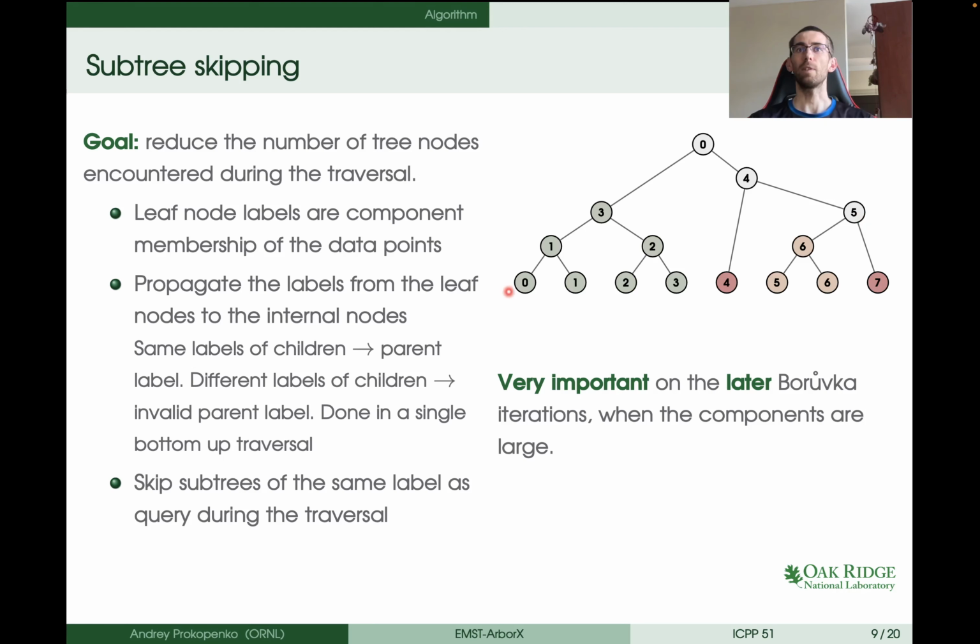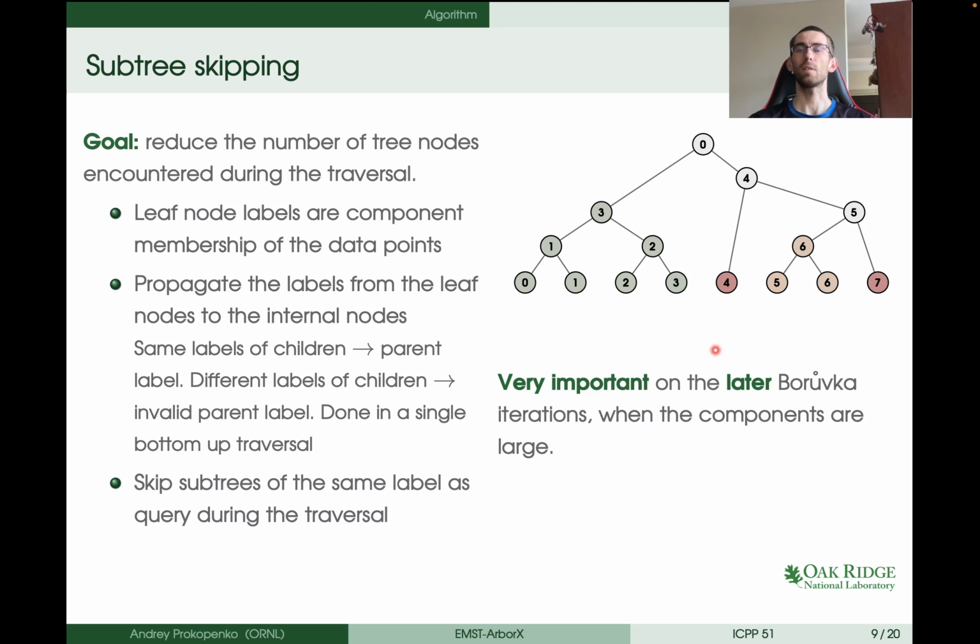So if we are given, for example, this set of 3 components, green, red, and orange, and we propagate this information, the tree structure labeling becomes as follows. This is important because, for example, if a green thread traverses the tree and it encounters node 3 and it realizes that the label of node 3 is the same as the label it is searching for, it can completely bypass and skip this subtree because it knows that all the leaf nodes in that subtree belong to the same component and thus should not be investigated.